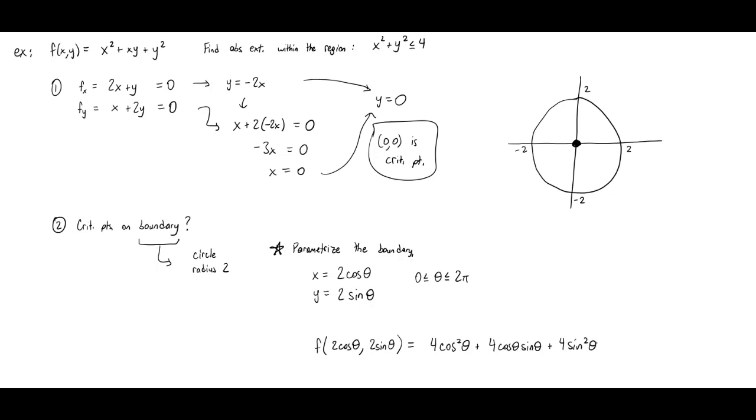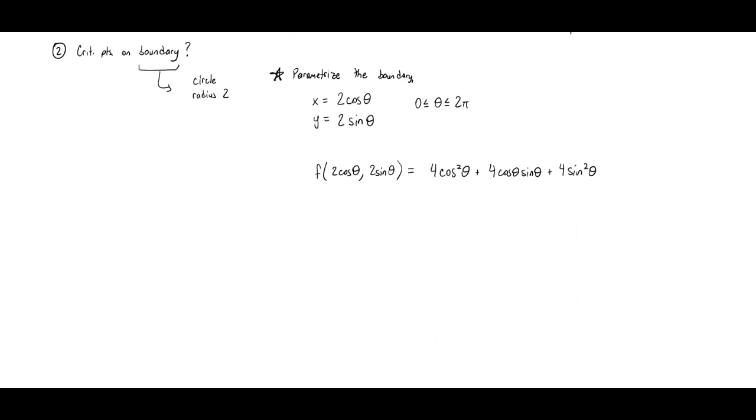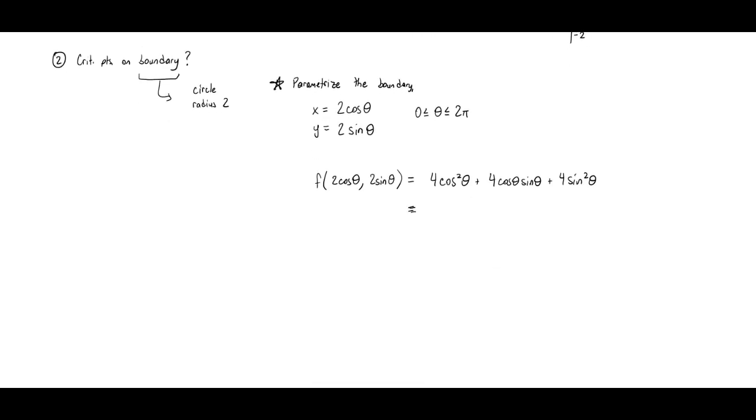All right? So essentially, this tells me what my function looks like when I restrict to the boundary of my region. So right now, I'm just going to simplify it. All right. So if I factor out the 4, then inside the parentheses, I have cosine squared plus sine squared, which we know adds up to be 1.